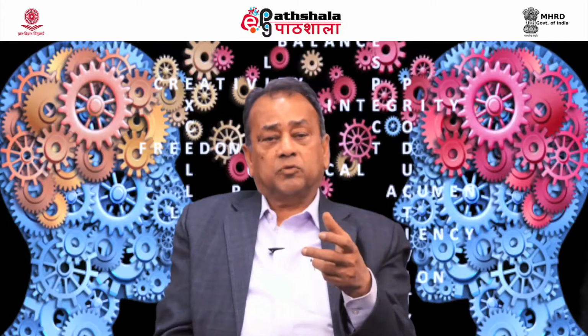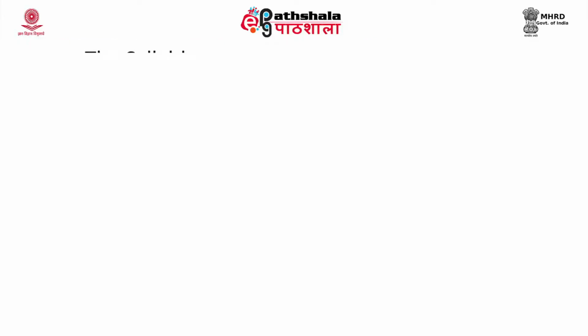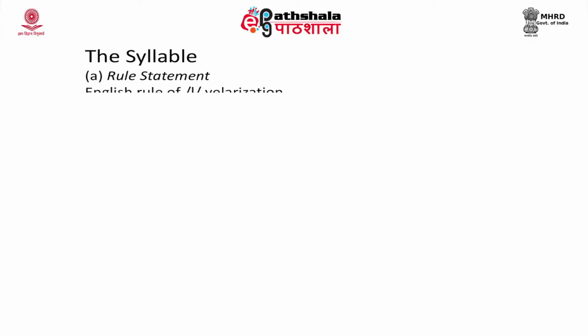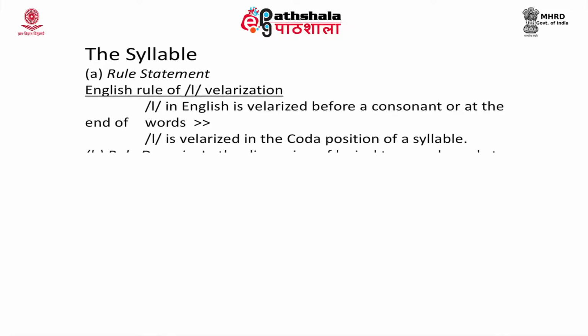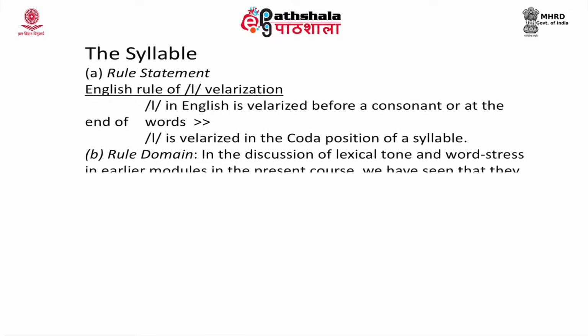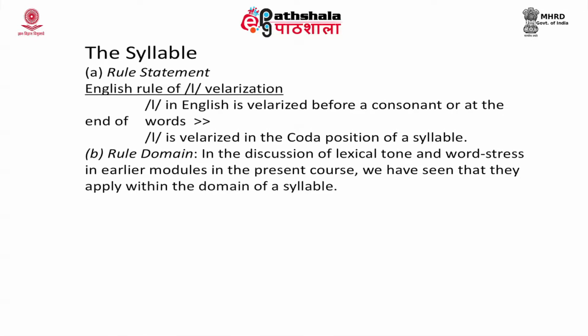Now let's begin with the syllable. In this module, we will look at the syllable and the phonological word as prosodic categories. We have looked at their structure earlier, but now, as part of the phonological theory, we will take a fresh look at them. The syllable.